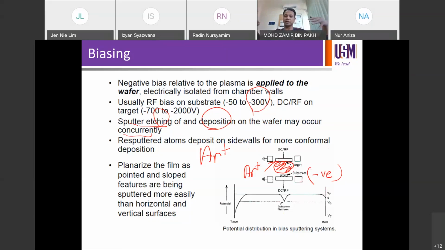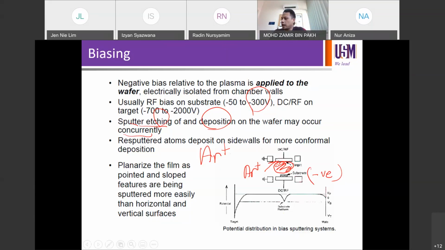So it's not a flat layer because you are inducing more collisions of argon plus on the silicon, creating micro pores or something, or perhaps nanopores. So that will also change, not improve, change the properties of your deposited ITO, for example, right?